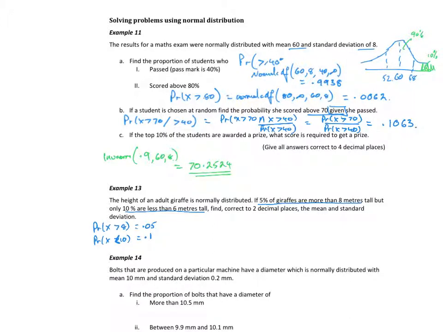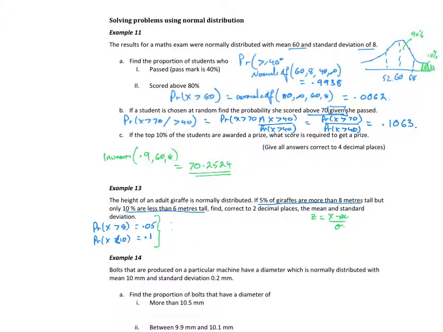So I don't know the mean and standard deviation, do I? But what I need to do here is work out some corresponding Z values, because I know that Z is equal to X minus mu on sigma.